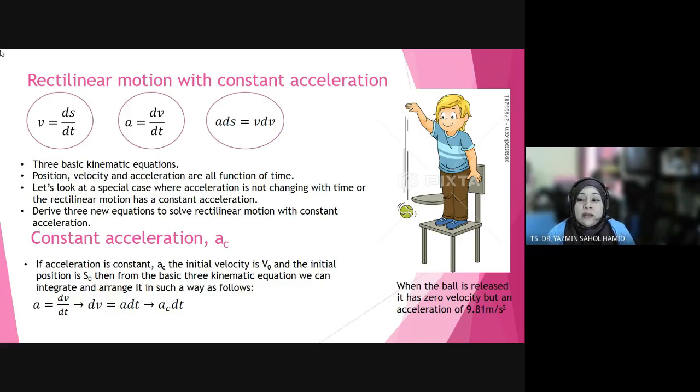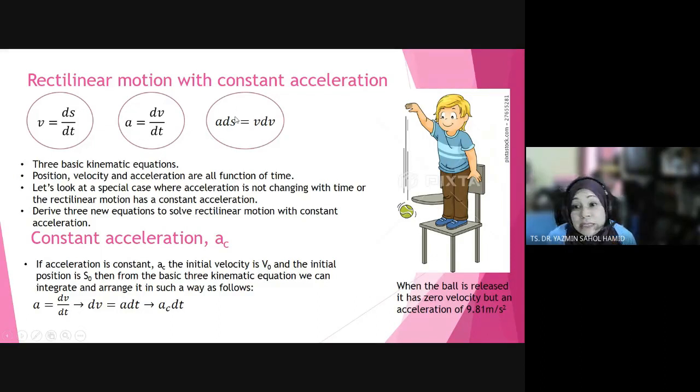Now we're going to look at a special case where acceleration is not changing with time, and the rectilinear motion has constant acceleration. When dealing with a question where the acceleration is constant throughout, we have to derive three new formulas. But we do not need to worry because we are deriving them from the basic formulas you see in front here. All right. Okay.